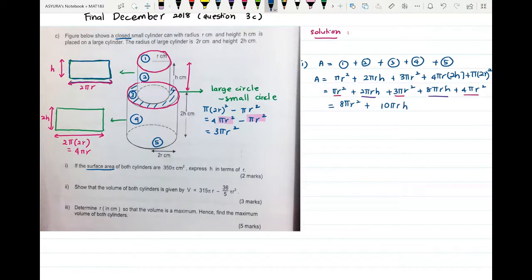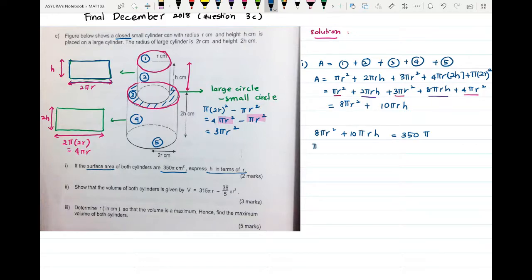And the question is, if the surface area of both cylinders is 350 pi, express h in terms of r. So now we have 8 pi r square plus 10 pi r h equals 350 pi.